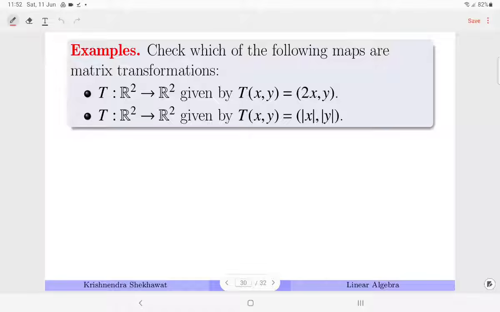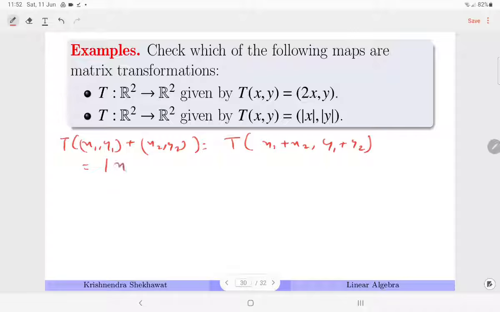Let's try one more question. Again I will write down T of u plus v, which is (x1, y1) plus (x2, y2), which becomes T of (x1 plus x2, y1 plus y2), which is (mod of x1 plus x2, mod of y1 plus y2).